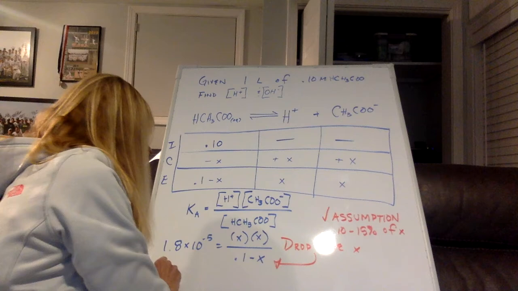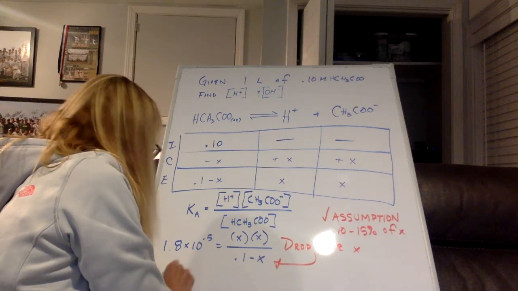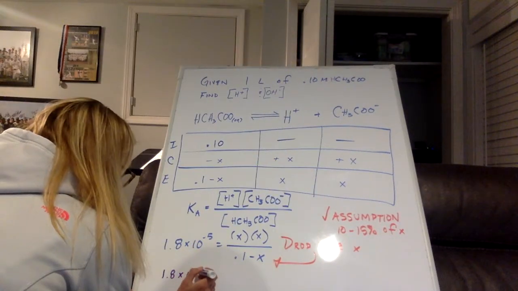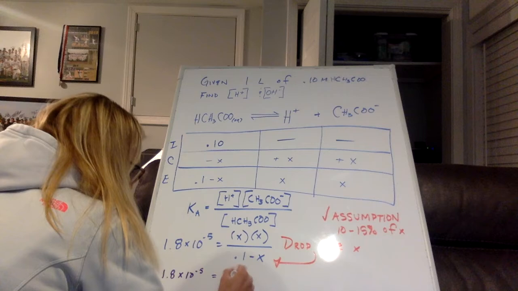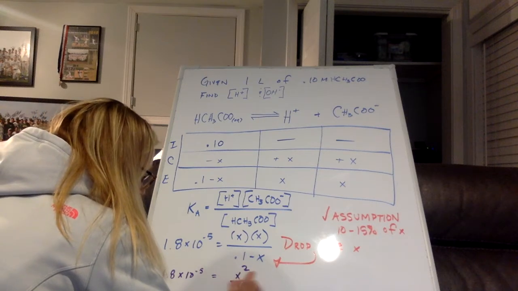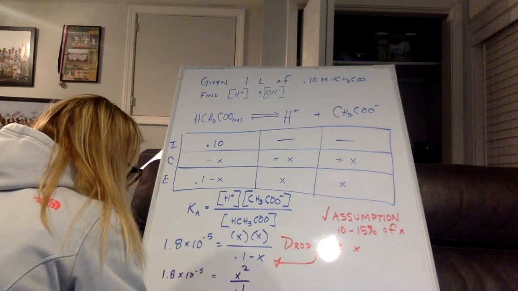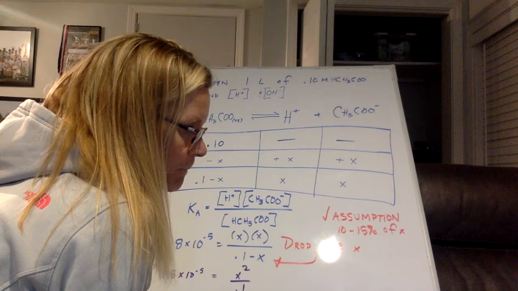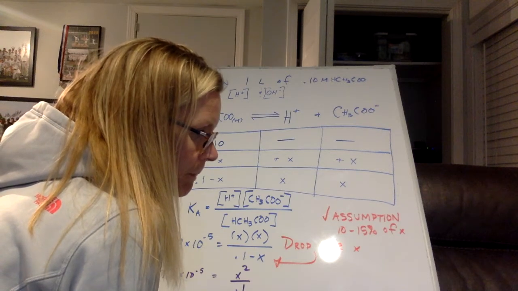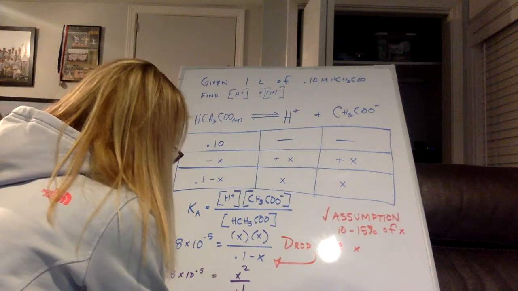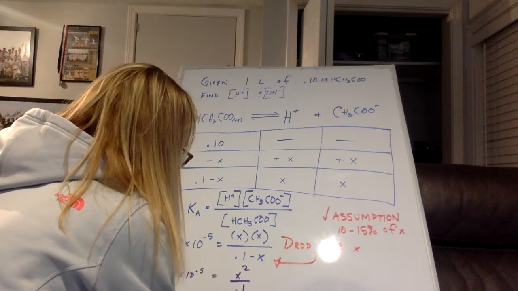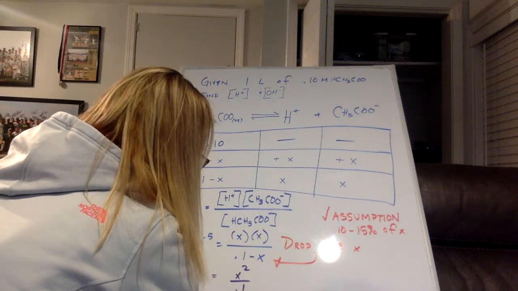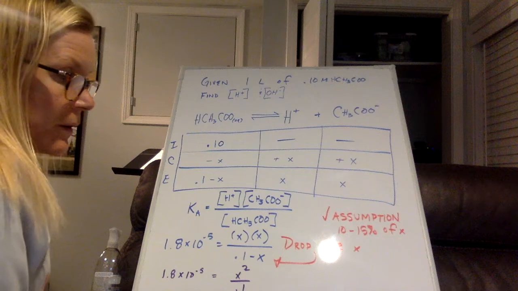So now I have 1.8 times 10 to the negative fifth equals x squared divided by 0.1. So I solve for x, and x is 1.3 times 10 to the negative 3 molar.